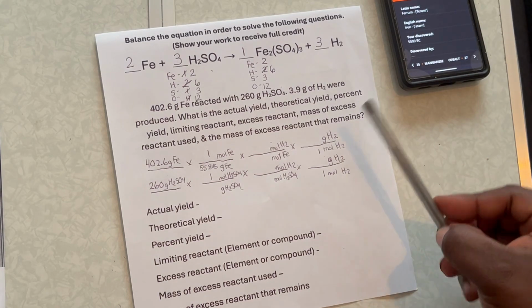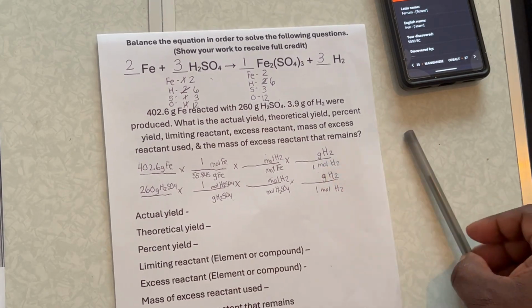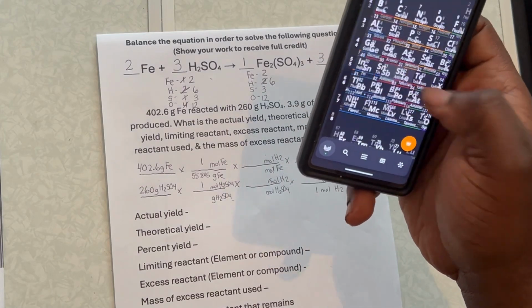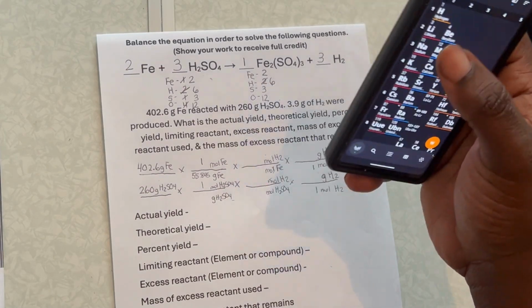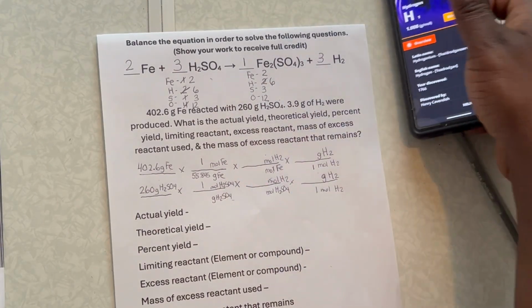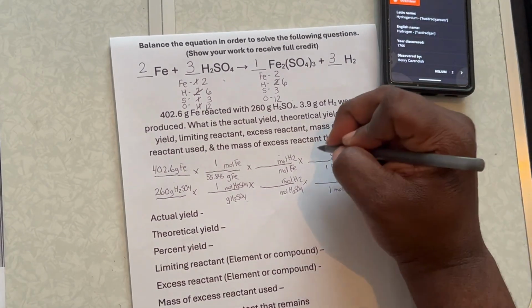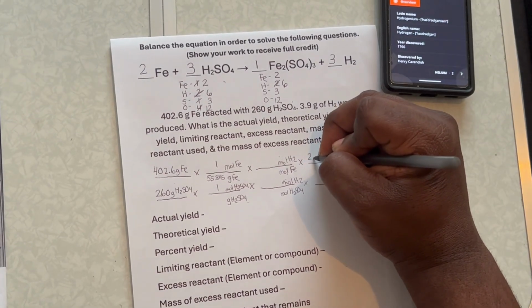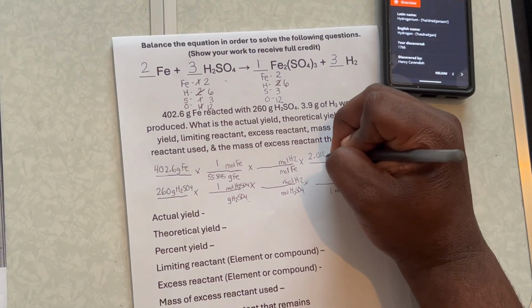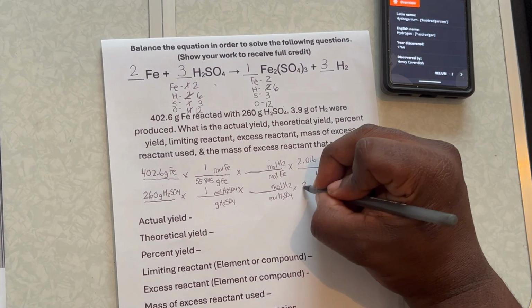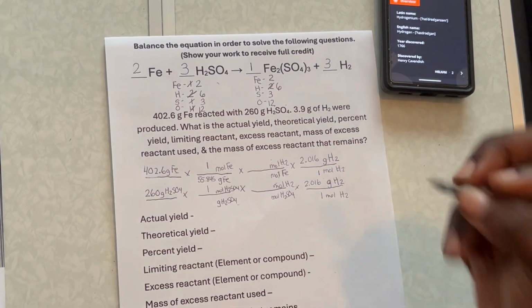Now I have grams of H2 at the top. H is 1.008, and 1.008 times 2 is 2.016. Now let's go to the bottom. I had the same thing, 2.016.